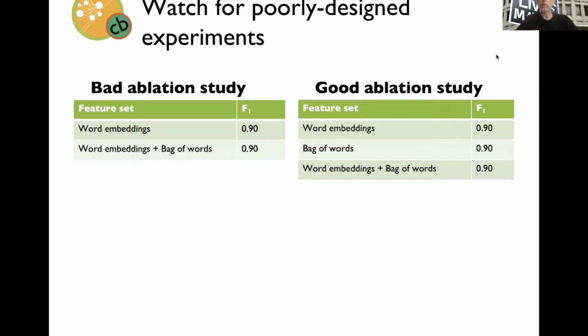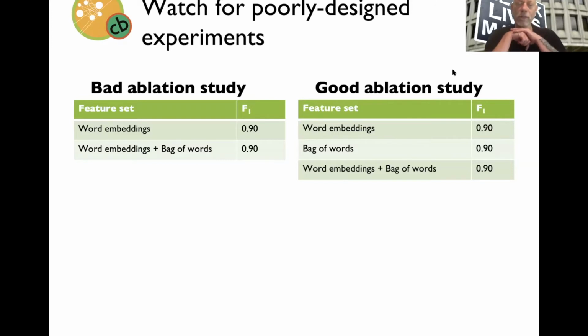Also, watch for poorly designed experiments. So think about something like an ablation study, where you look at an entire set of features versus just some of the features in that system. I'm going to show you a bad one on the left. Here we're looking at 2 different feature sets where we have an F1 measure for word embeddings alone and word embeddings plus bag of words.